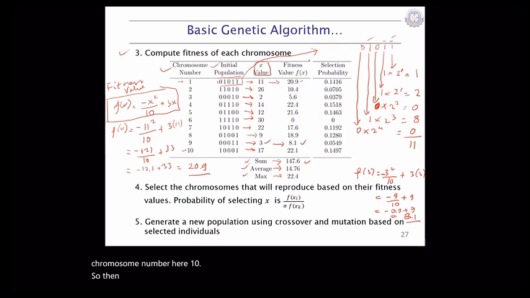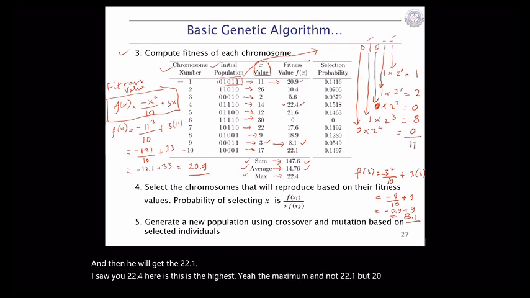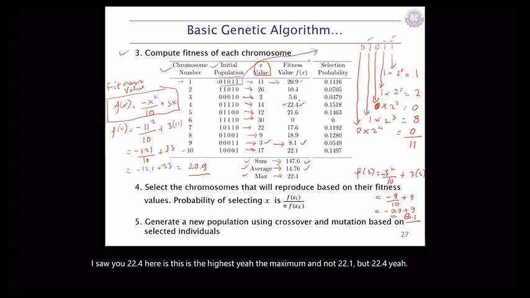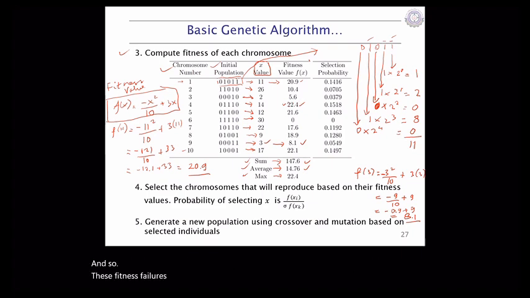So then you will get 14.76. And for the maximum fitness value, you're just looking for the maximum value from these fitness values. Then you will get 22.1. Sorry, 22.4 here. This is the highest, the maximum, not 22.1, but 22.4. So this fitness value is the highest among this population.